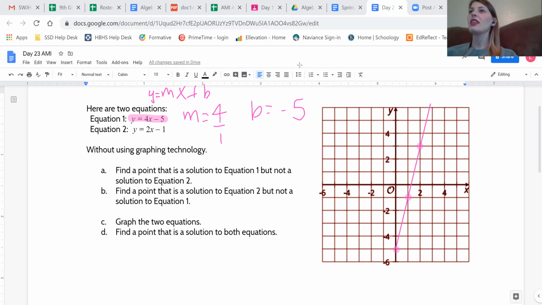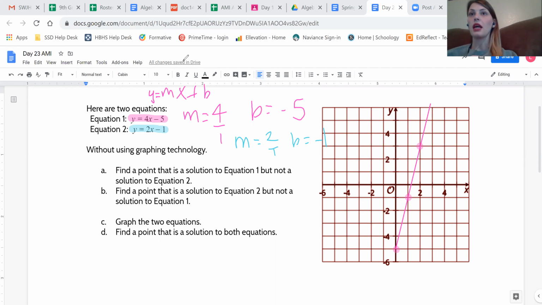All right, let's go with another color for the second one. Let's do this pretty blue. We've got y equals mx plus b. In this case, my slope m is 2. I'm going to say 2 over 1, up 2 over 1. And my y-intercept b is negative 1.